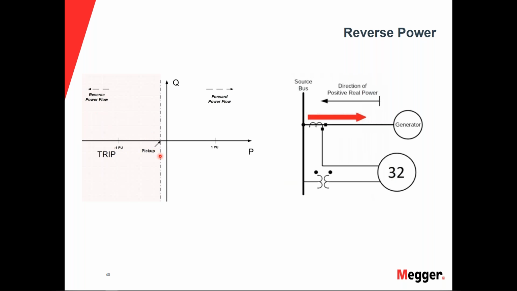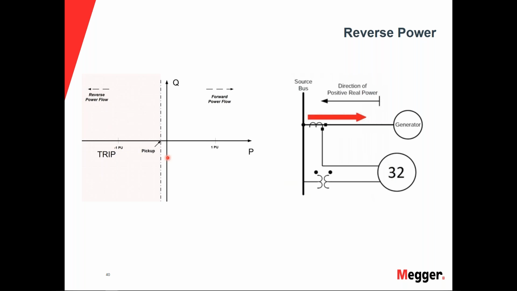So what we do is there'll be a pickup point that'll usually be set in watts, with the combination of current and voltage. There'll be a pickup threshold here, and as long as we're not generating past this threshold, we will not trip on reverse power. Now this usually happens pretty quickly because it's going to be a race between the loss of excitation and the reverse power relay.